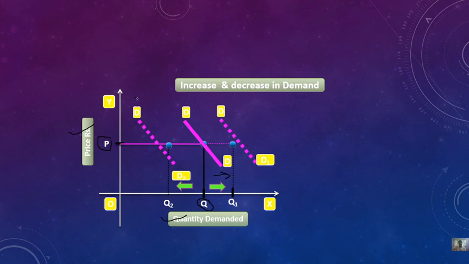This dotted line DD2 shows decrease, this shows increase, and this is the original demand curve. The middle is original, this is increase, and this is decrease. Both these concepts, that is, variation and change in demand, are very important as far as the HSC exam is concerned.